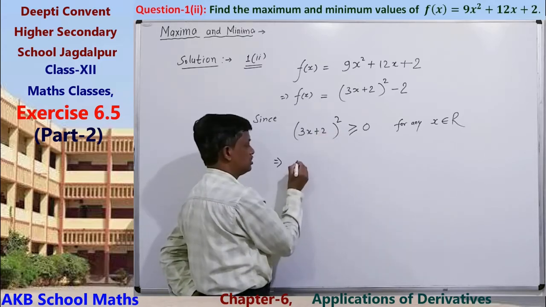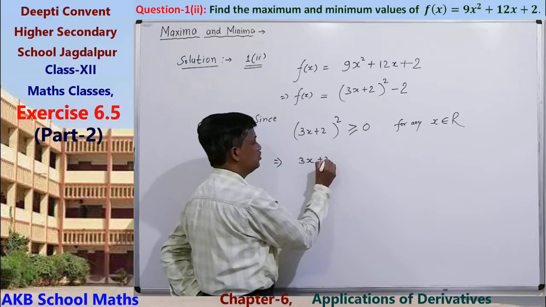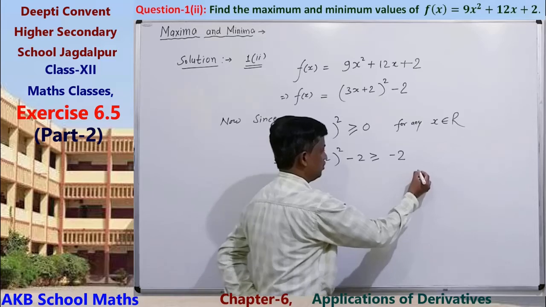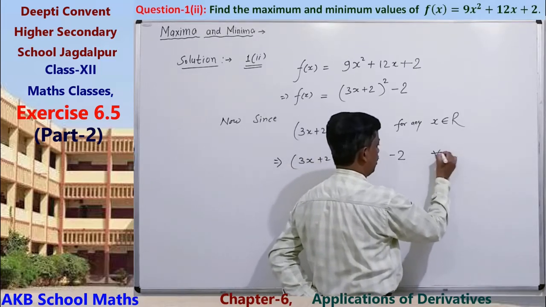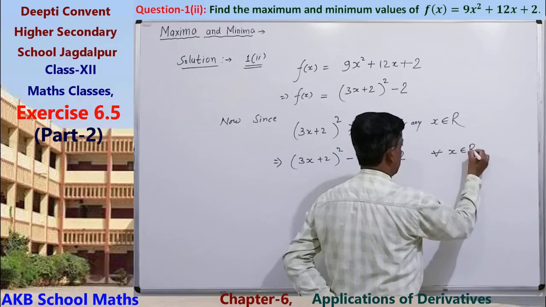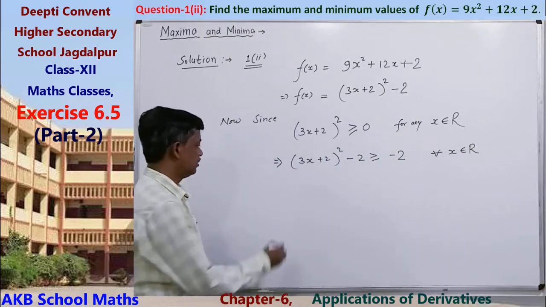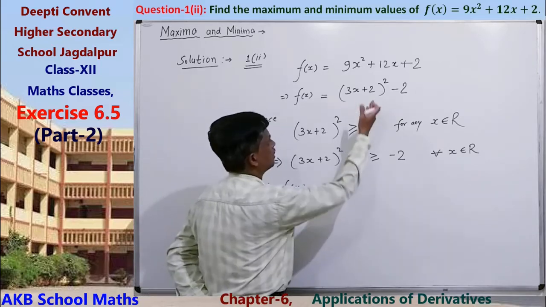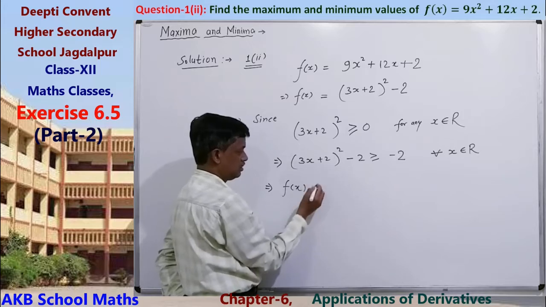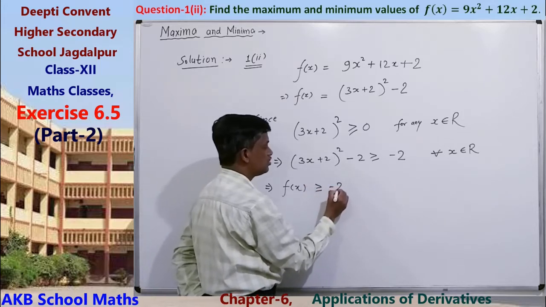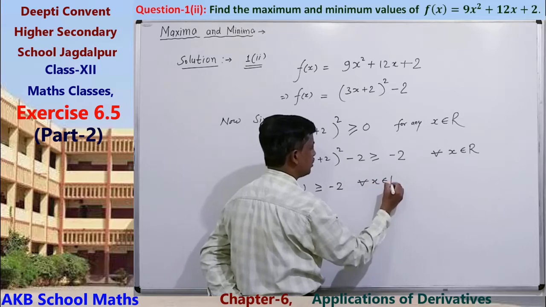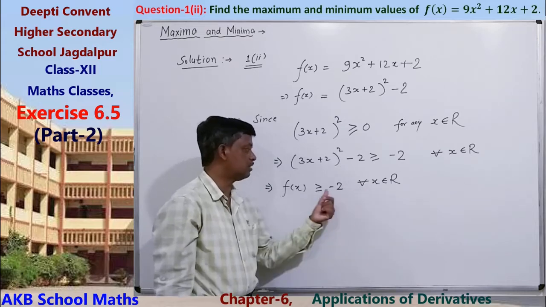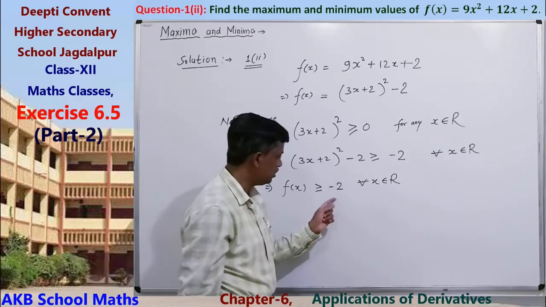So (3x plus 2) square minus 2 is greater than or equal to minus 2 for all x belonging to R. This implies f(x) is greater than or equal to minus 2 for all x in R. That means the value of the function is always greater than or equal to minus 2, so the minimum value may be minus 2.